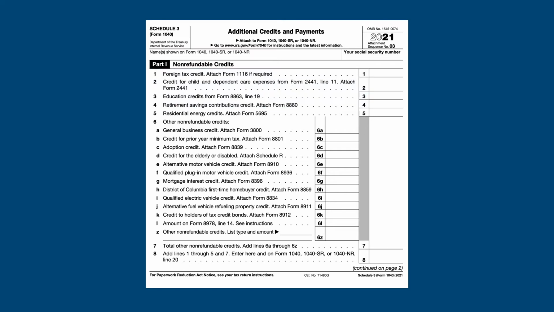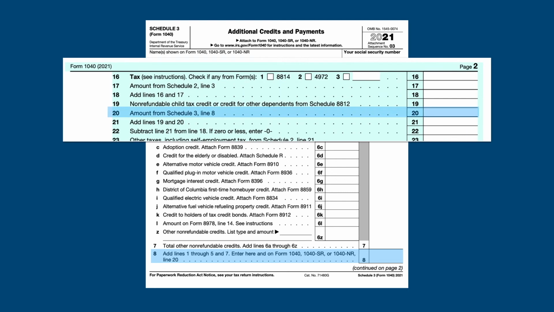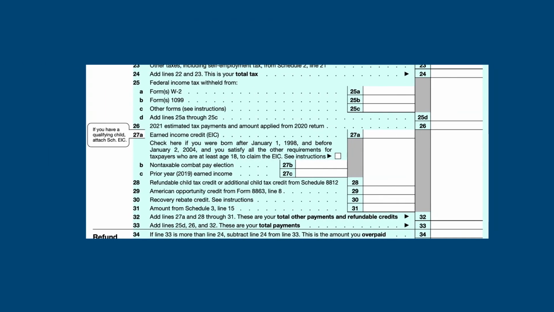Other credits, such as residential energy credits, the adoption credit, and the qualified plug-in motor vehicle credit, will be discussed in other videos. Non-refundable tax credits are totaled on line 8 of Schedule 3 and then transferred to line 20 of Form 1040. Refundable credits are entered on the 1040 after the total tax has been calculated, and essentially serve as payments, much like tax withholding.